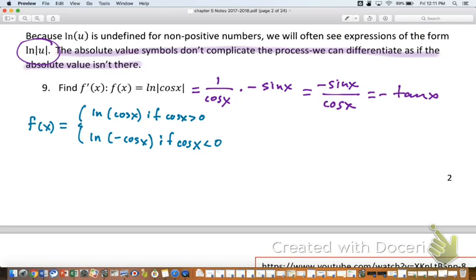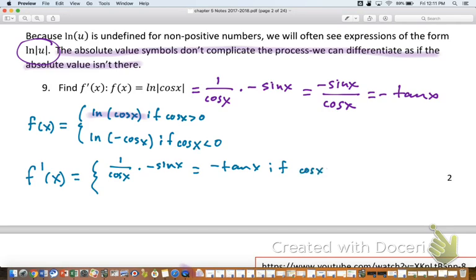Now what I'm going to do is differentiate. So f prime of x then would equal, I'll do this top piece up here first. The derivative of natural log of cosine of x would be 1 over cosine of x times negative sine of x, which equals negative tangent of x, if cosine of x is positive. So that's that top piece. And then the bottom piece, well, keep in mind the same principle applies.